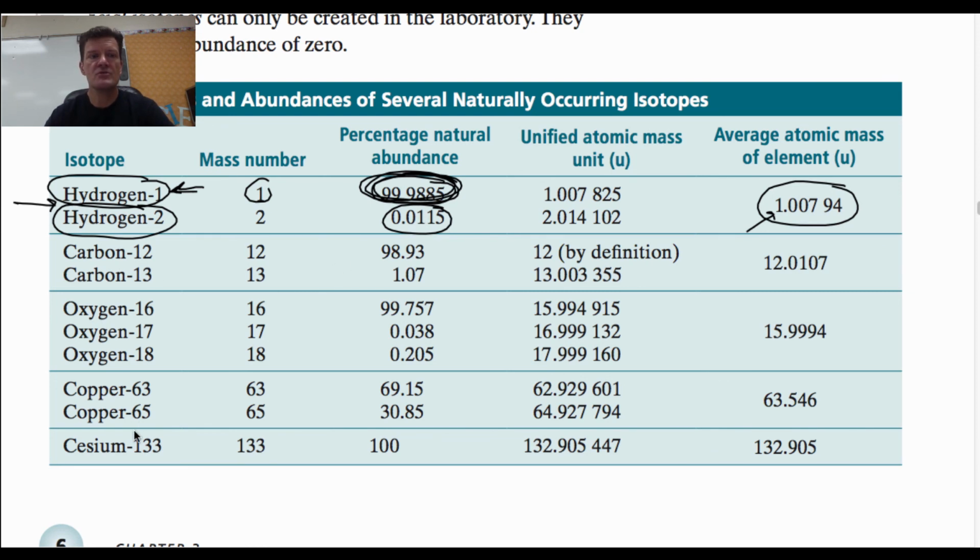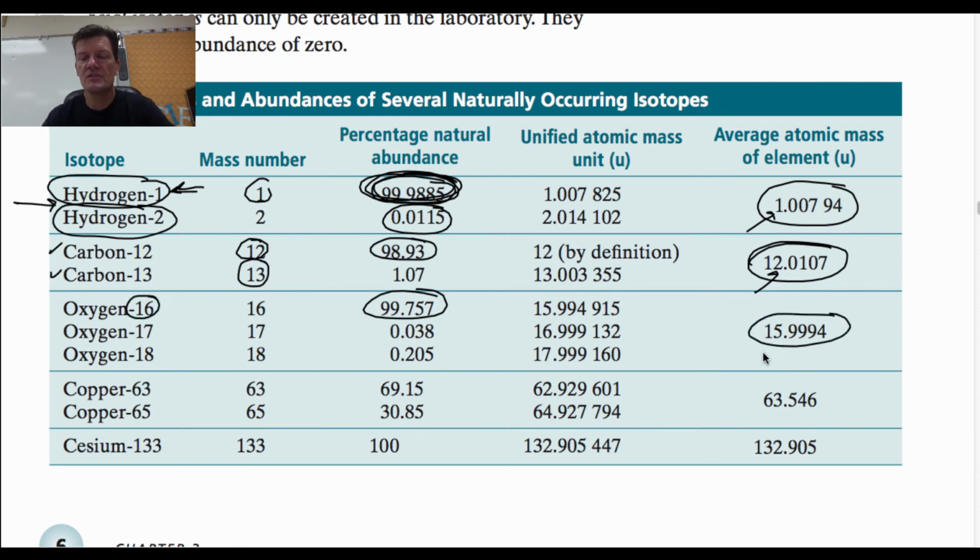Okay, and that's true for all the elements. So you have carbon-12 and carbon-13. Look how much carbon-12 is in the world, 98%. That means the weighted average is going to be really close to 12, with a little impact from the 13. It's going to be maybe a little bit bigger than 12. We look here, look how much of the oxygen in the world is oxygen-16, and that's why the weighted average is really close to 16. Okay?